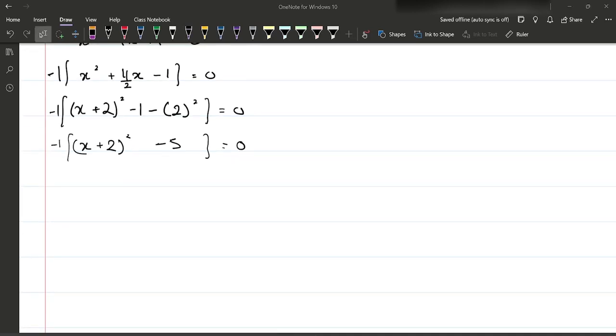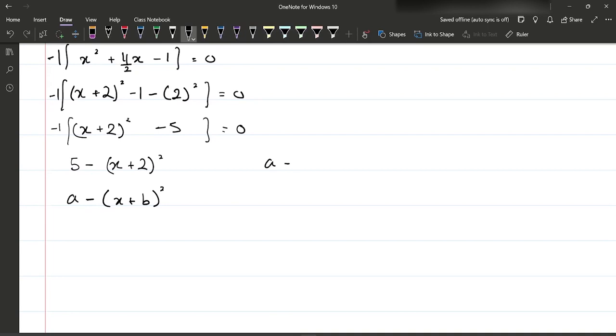Okay, so now we simplify this, we get 5 minus (x plus 2) squared equals 0. We've got our form, which is a minus (x plus b) squared. Okay, so we know that a is equal to 5 and b is equal to 2.